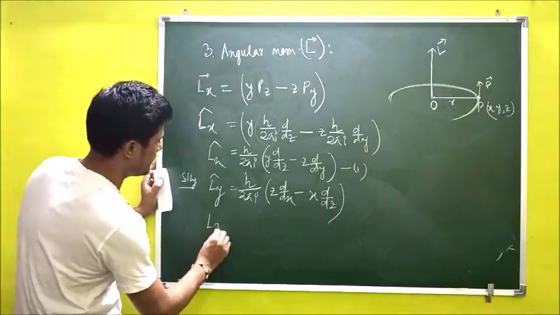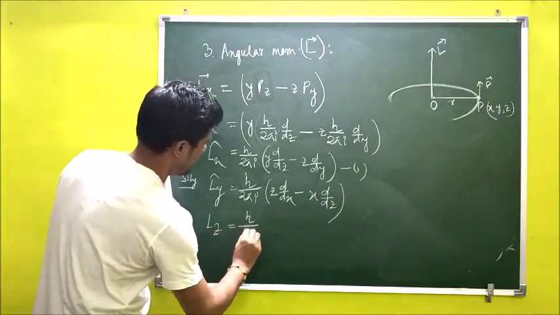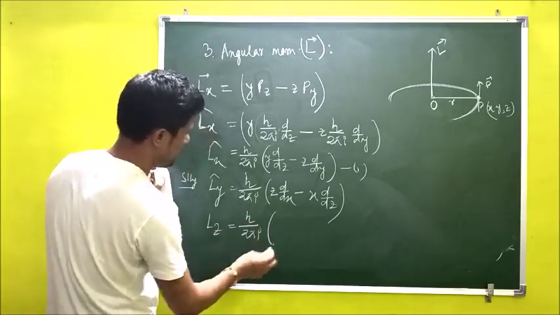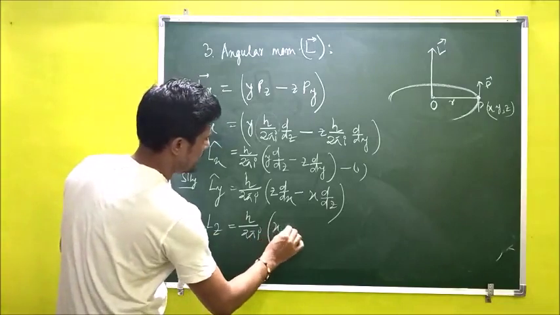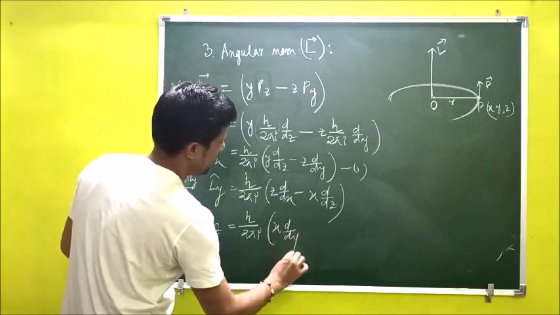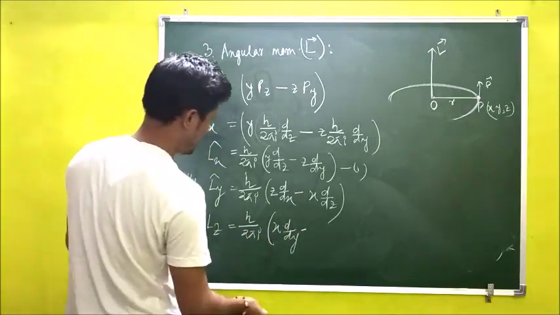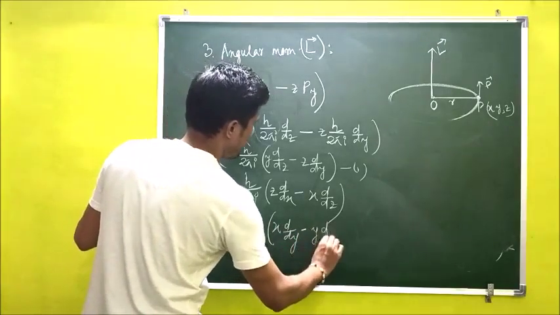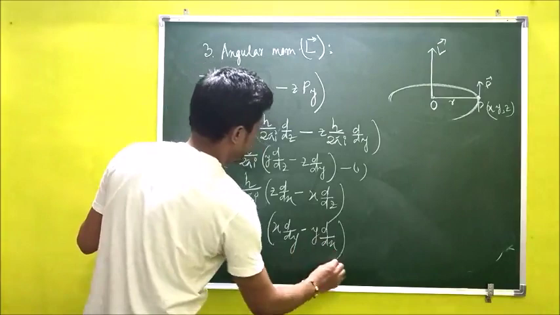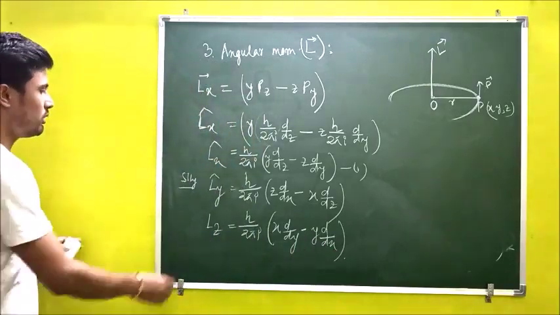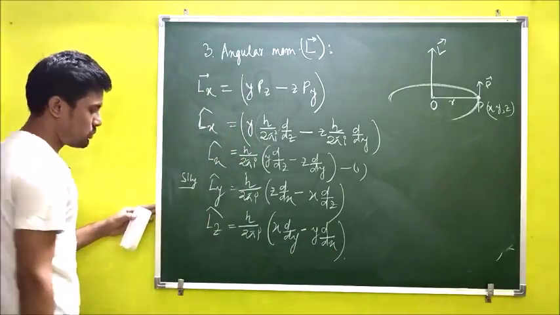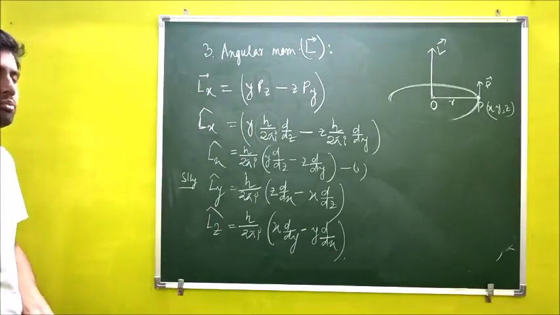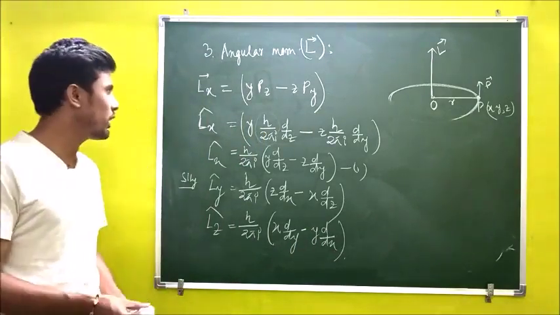For Lz, it is h/2πi times x ∂/∂y minus y ∂/∂x. So these are the operators for angular momentum x, y and z. Now we'll see some commutator results for angular momentum.